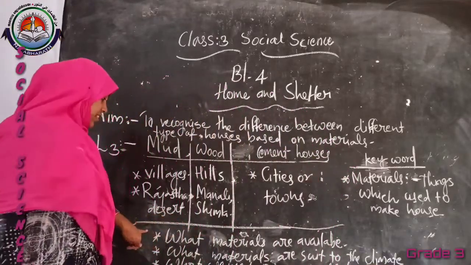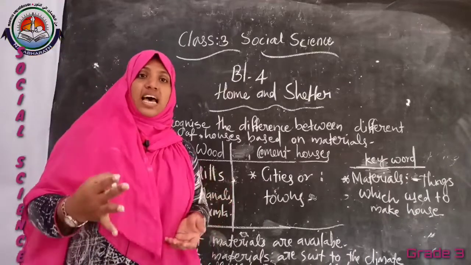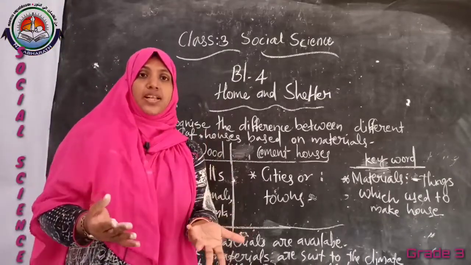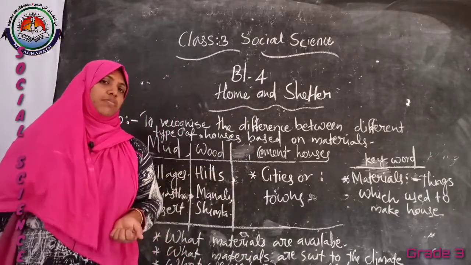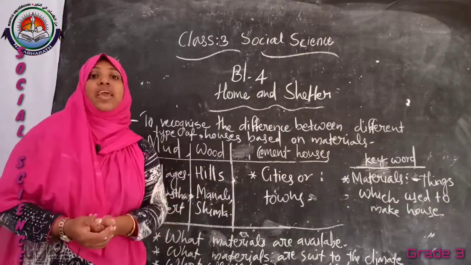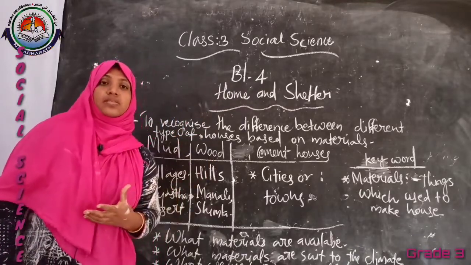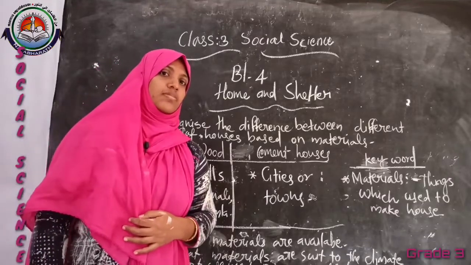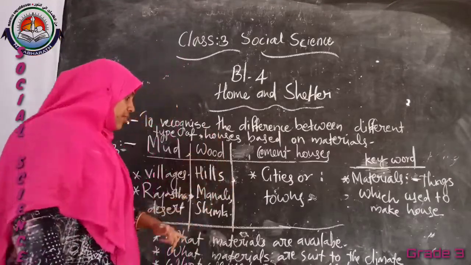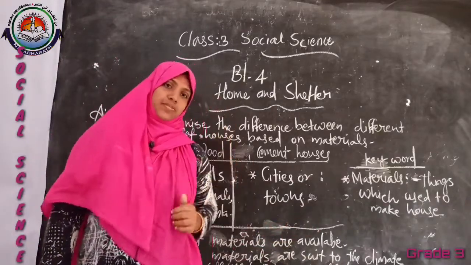Here, what is the question? How do the people decide to use the materials to build their houses? For example, when we decide to make a house, what type of materials can we use to make that house? It depends upon the availability of the material in that place.